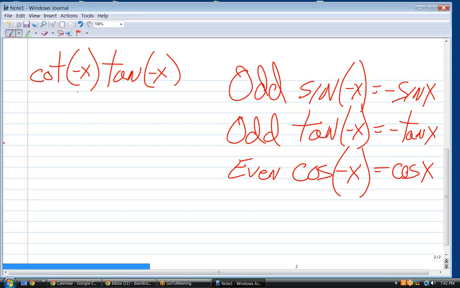Is it the same as cotangent x, or is it the same as negative cotangent x? It's odd. Both of these are odd, which means it's negative cotangent x times negative tangent x.